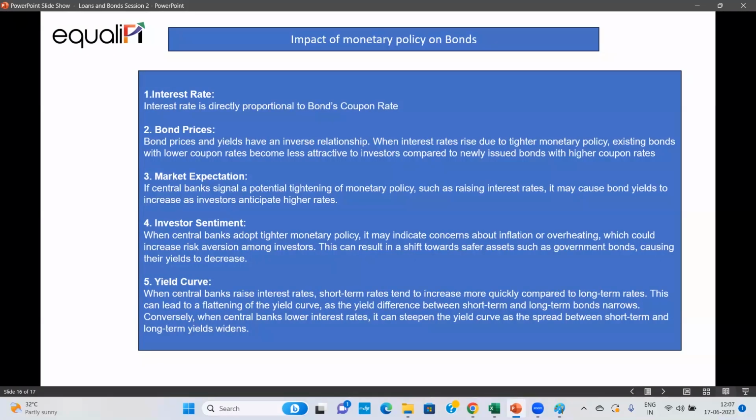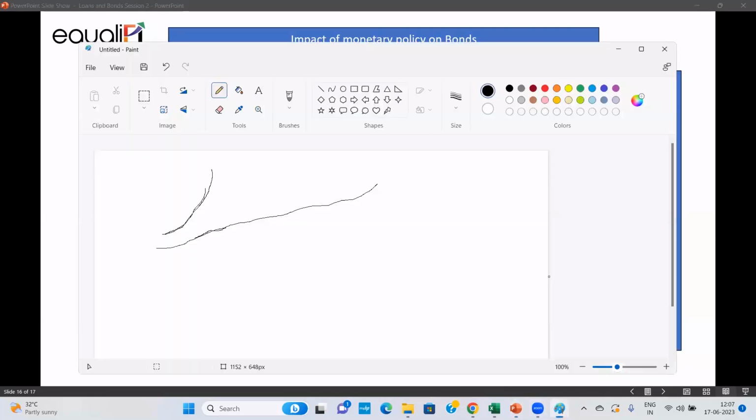So probably the gap narrows down. So when the gap was like this, probably this is the long-term rate and the short-term rate was like this, it increases. So the gap narrows down. And it happens in reverse when the rate of interest is reduced.